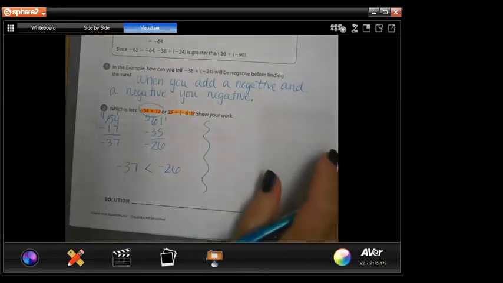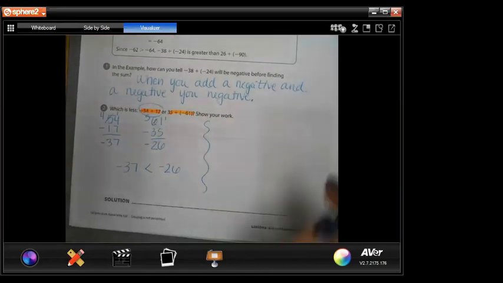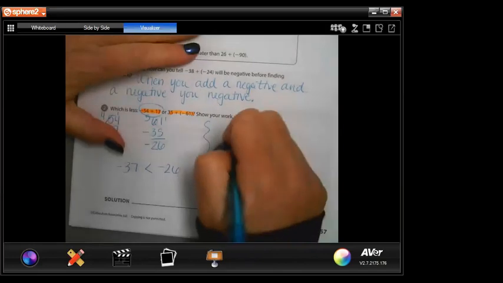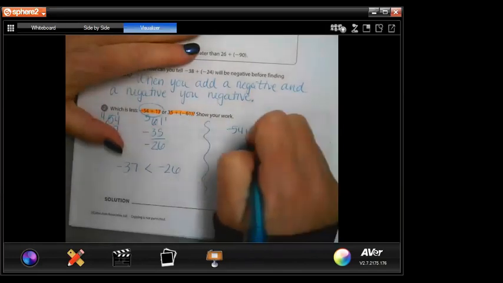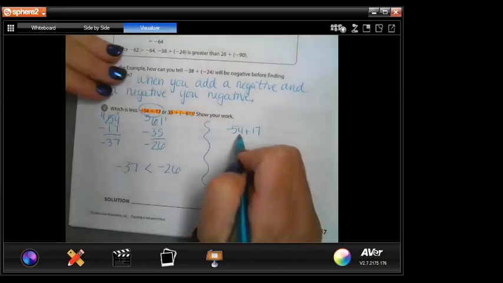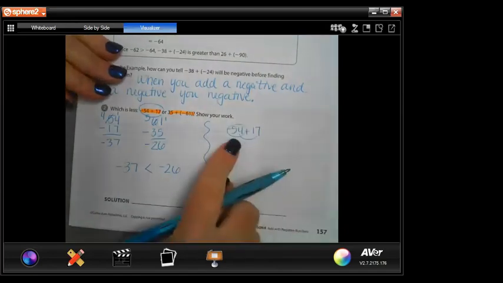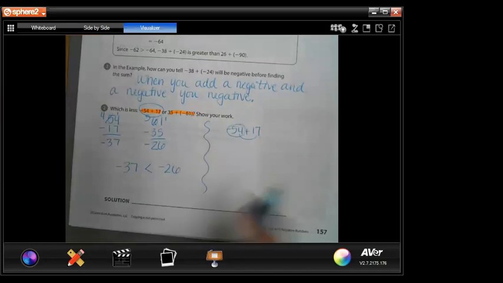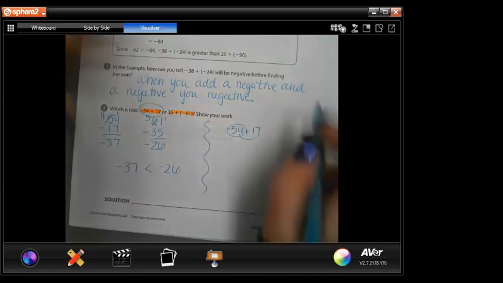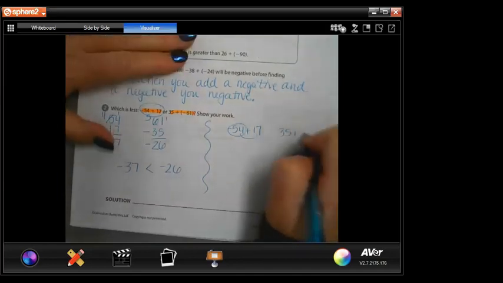The other way that you could have looked at this is this. You know that negative 54 plus 17 has got a bigger gap in between the two of them. And then this is negative, so it's going to be a bigger negative. I know that makes no sense at all. It's going to be a smaller number, basically. Where this is over half.